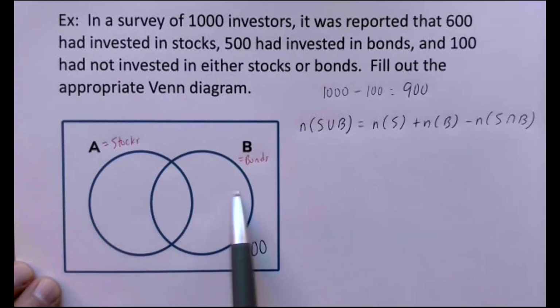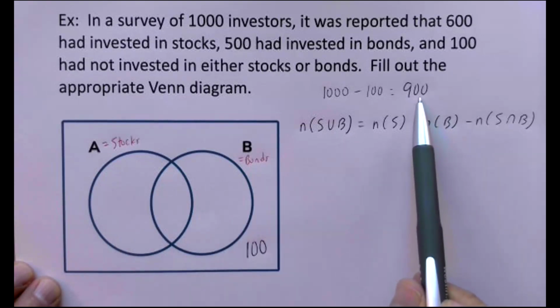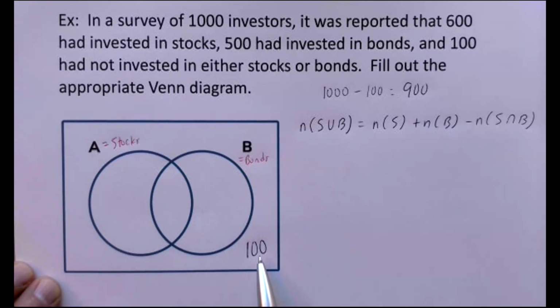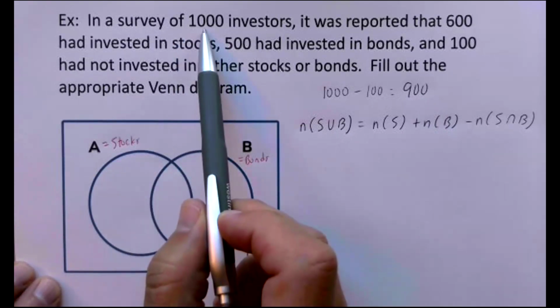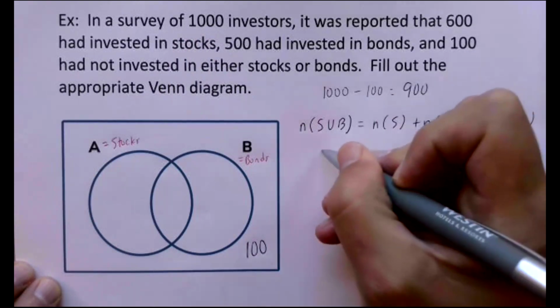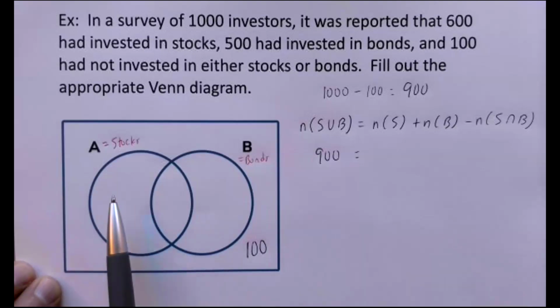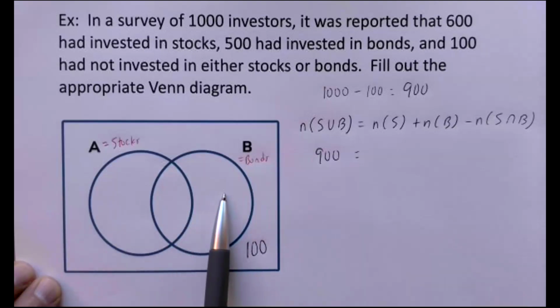How many people are anywhere in these circles? And we know it's 900. We just figured that out because there were 100 not in the circles. And there's supposed to be 1,000 total. So the other 900 are in the circles somewhere. But that's what the union is. The union is that plus that plus that.